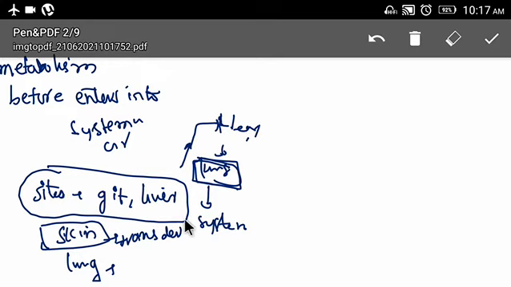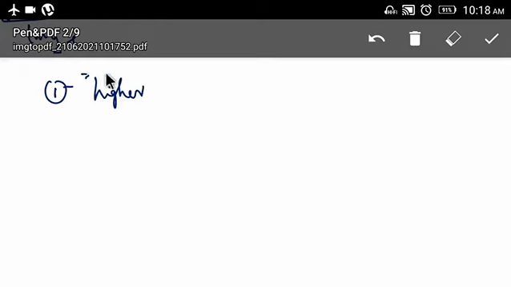Now, what happens to the drug when there is first pass metabolism? The first thing is, if the drug undergoes first pass metabolism, then we have to give higher doses, because some amount of the drug is being degraded.